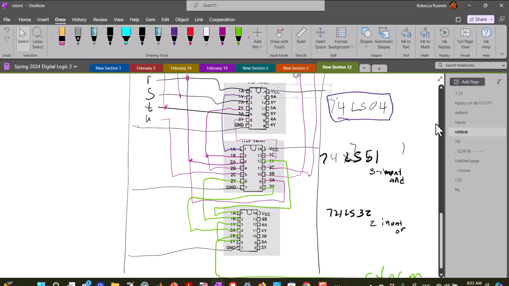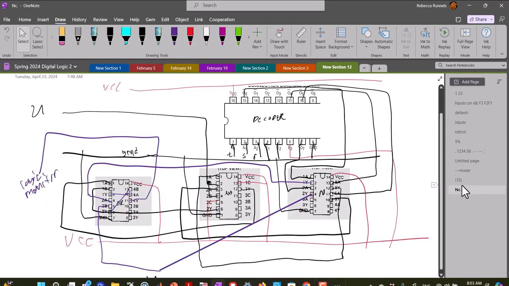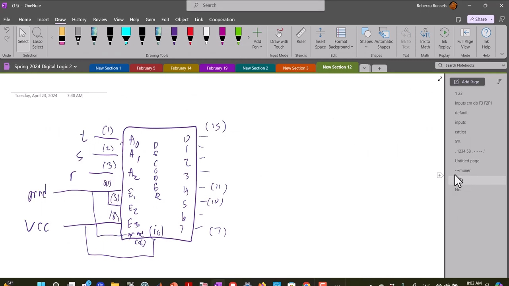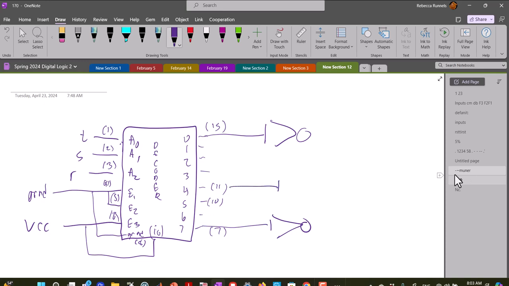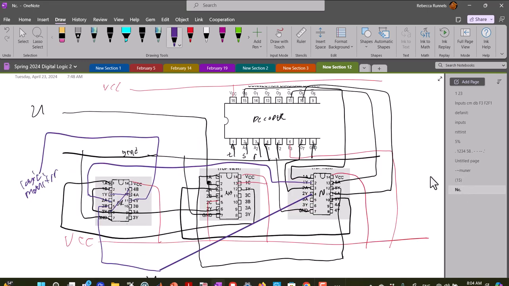So we're going to take the NOT of this, and we're going to take the NOT of this, and we're going to take the NOT of this, and we're going to take the NOT of this. And then in this diagram, when I did that, I had the NOTs.